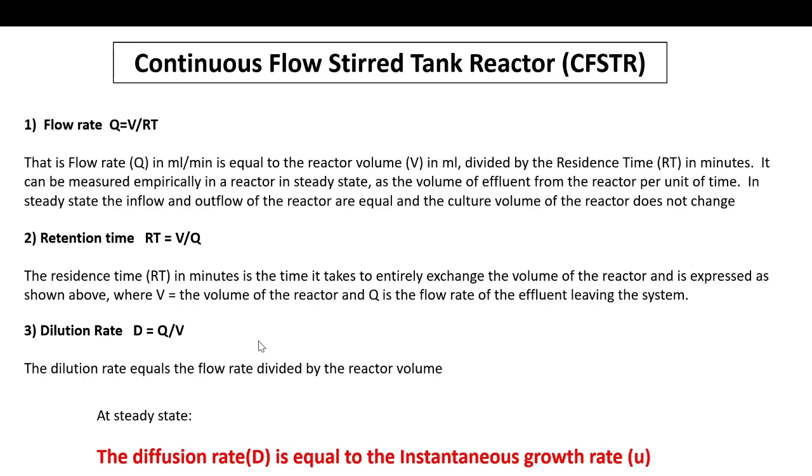So the entire volume of your reactor is getting exchanged. The time required for everything in your reactor to get exchanged is your retention time, or RT, which is the volume of the reactor divided by the flow rate of the effluent leaving the system.